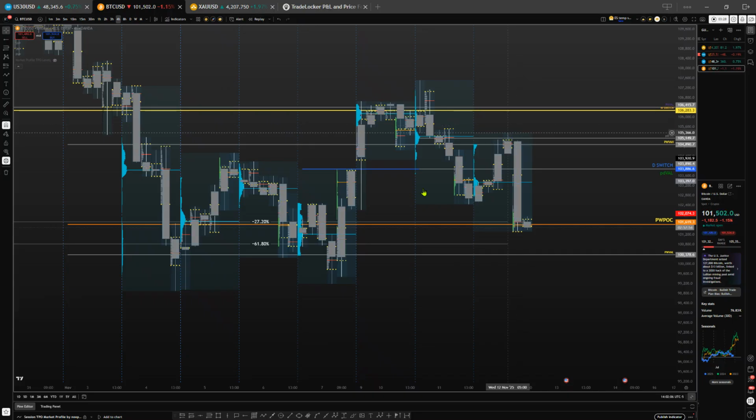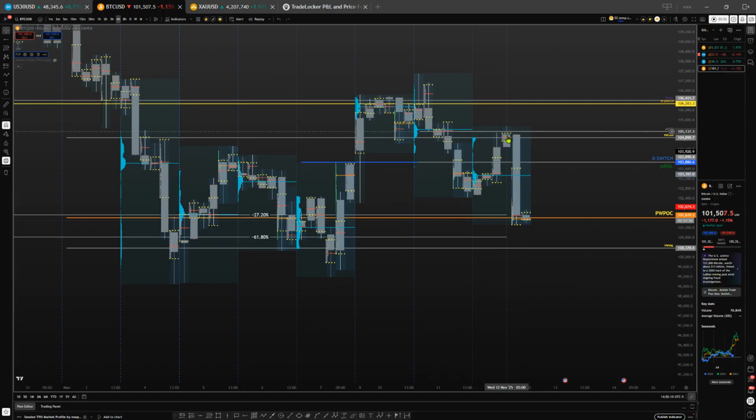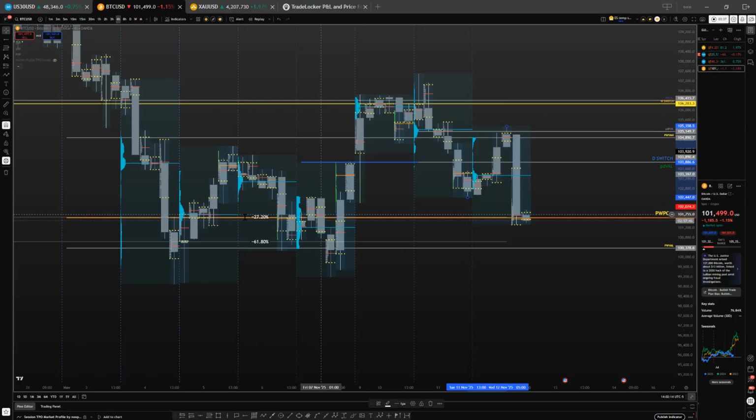So I'm just simply drawing the high to the low of that correction, and aiming to get inside of this area, that box. Okay, so that's my target area, all in all, inside here between those two levels.